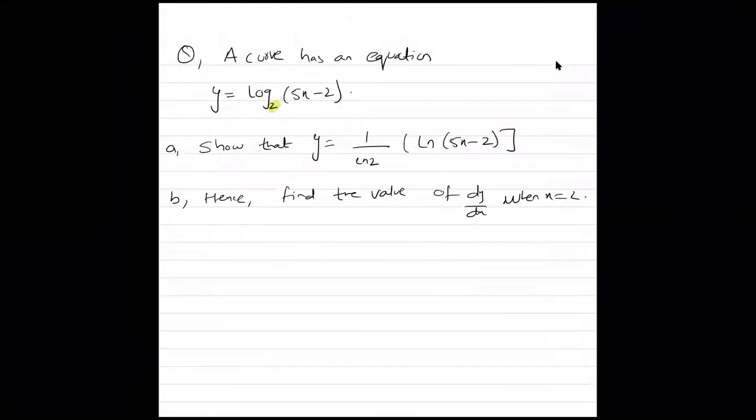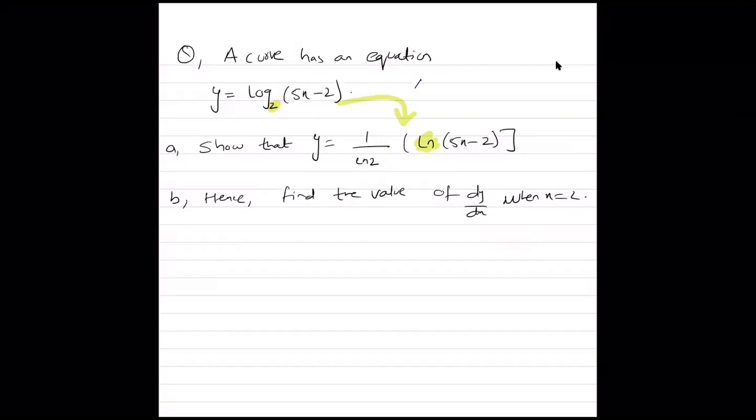We want to write the equation in the form of ln. So obviously ln is to the base e, and this was log to the base 2. In the question, the equation of the curve was in log to the base 2, and in the answer they want you to introduce ln to the base e. So you can clearly see that there is a change of base.